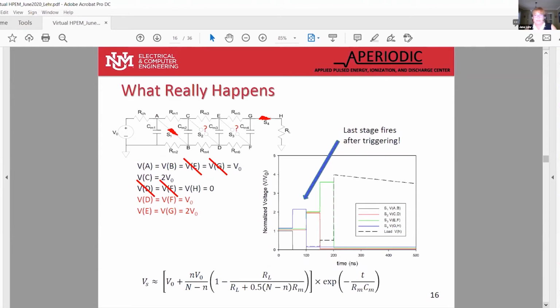What this plot shows is that indeed the last stage fires first. This is something that pulse power engineers will be like, oh, I've seen that again and again, and it was always so mysterious. And what we see under these circumstances is that it almost has to go last. Now, because everything is so custom, this doesn't happen in every Marx bank, but it happens enough that it's notable.